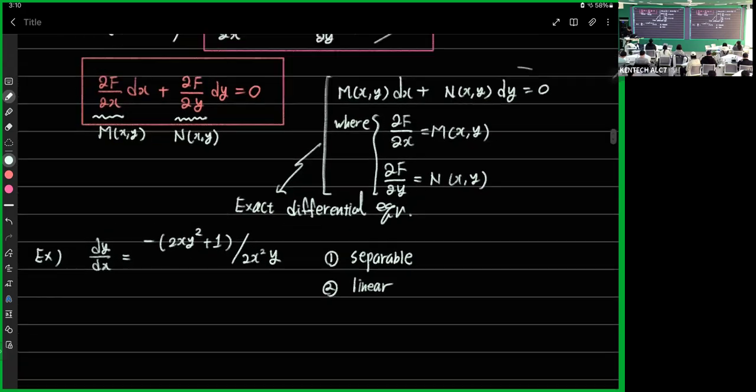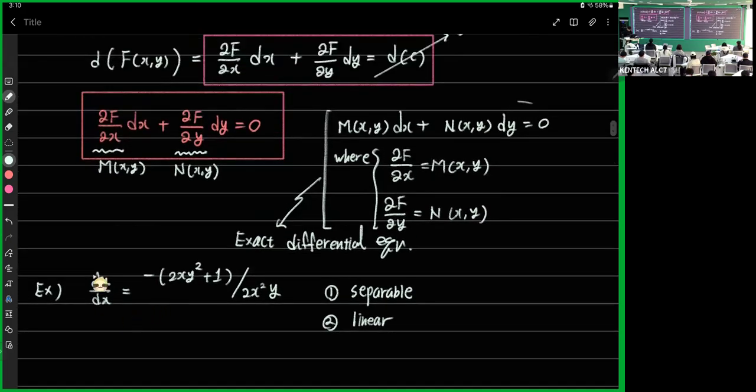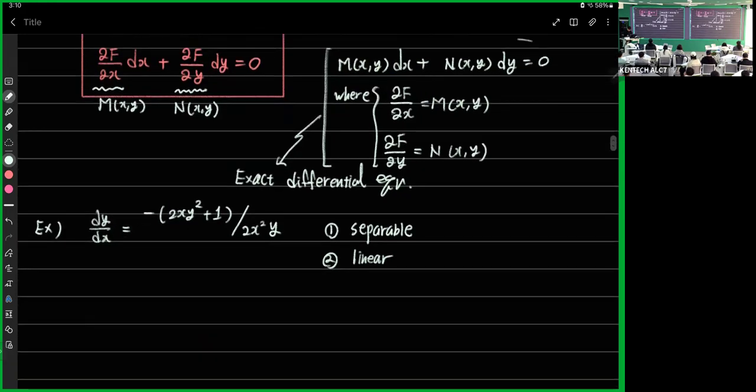Then we have to rewrite this differential equation in this form. First, I'm going to multiply by dx on both sides. So dy is equal to minus (2xy squared plus 1) over 2x squared y times dx, because I just multiplied by dx.